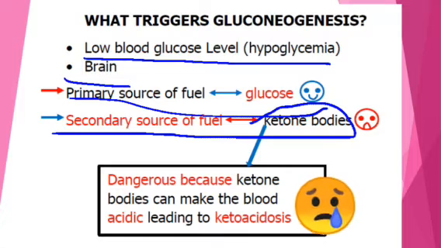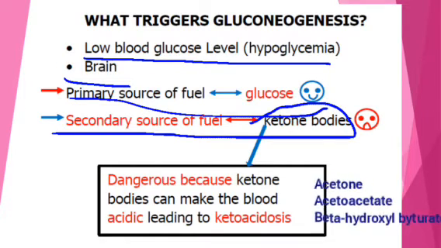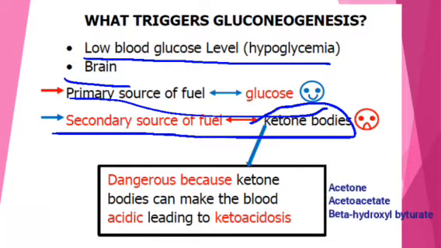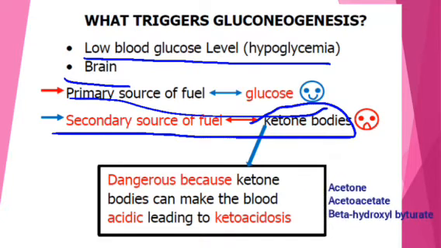We can recall that examples of ketone bodies are acetone, acetoacetate, and beta-hydroxybutyrate. By the time we get to fatty acid or ketone body metabolism, you get to know about this clearly.